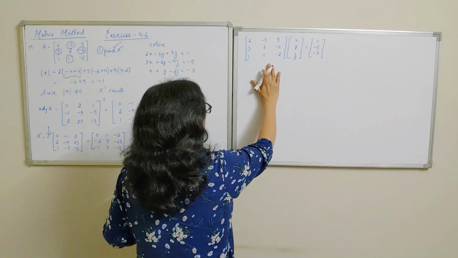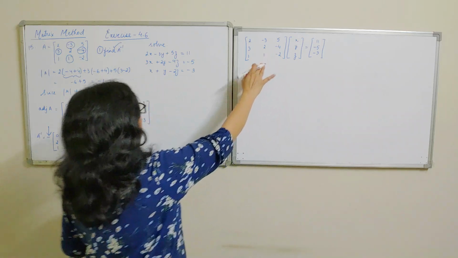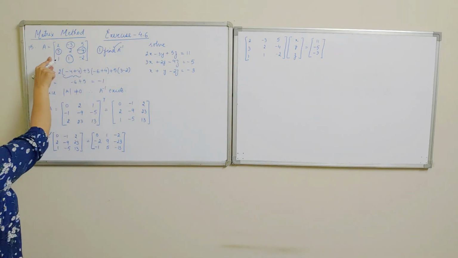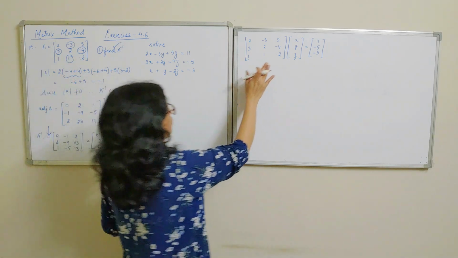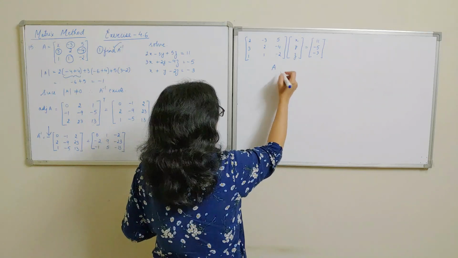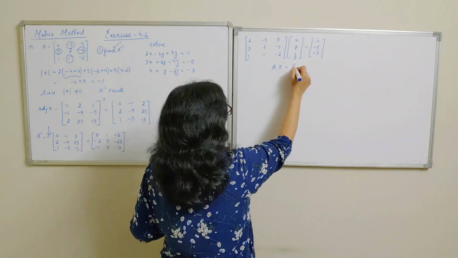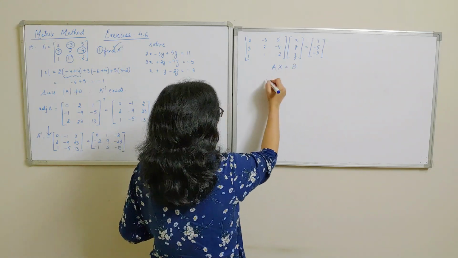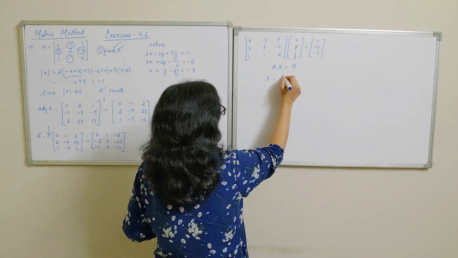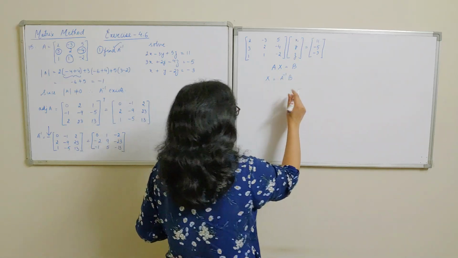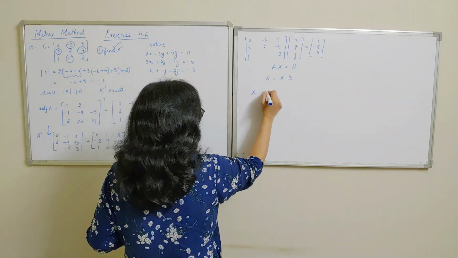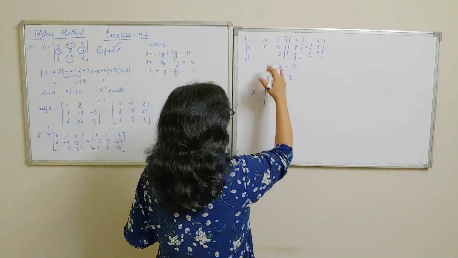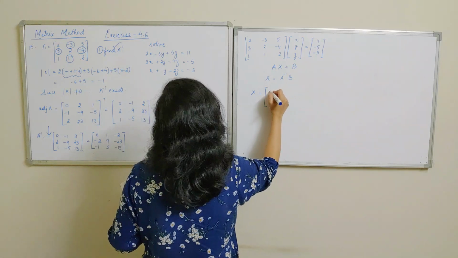When you write down the matrix equation, look at this matrix and the given matrix here. Each and every element is exactly the same. So we know this is matrix A, matrix X, and the product is matrix B. So what will be X? The inverse matrix into B, and this inverse matrix we have already found here. So that's what we substitute here. We are not finding the inverse once again because we have already found it.